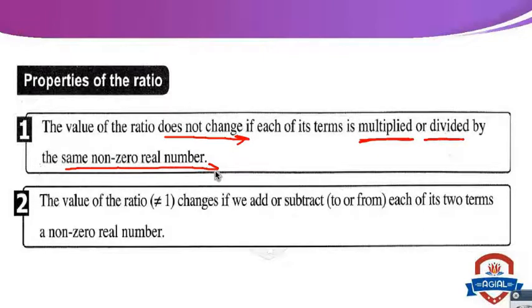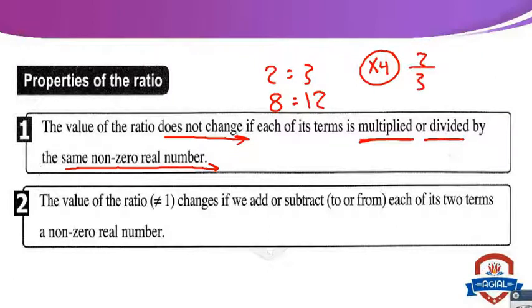For example, 2 to 3, if multiplied or divided by the same non-zero real number, the value of the ratio doesn't change. For example, multiply by 4, then 2 by 4 equals 8, 3 by 4 equals 12, then 2 over 3 equals 8 over 12. Okay?